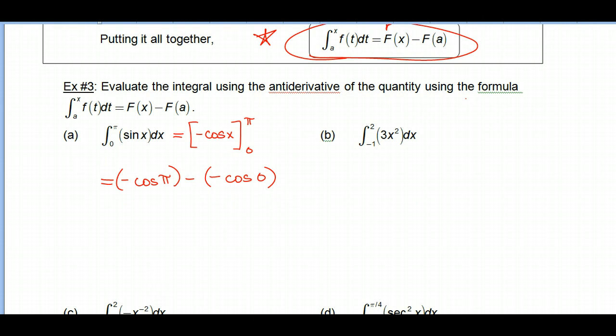The capital letter F represents my antiderivative. What was my antiderivative? Negative cosine x. We always evaluate the upper bound, always put a minus sign here, and then we put negative cosine of 0. So I'm taking whatever formula I got for my antiderivative, evaluating it at the upper bound, then minus, and then evaluating it at the lower bound.